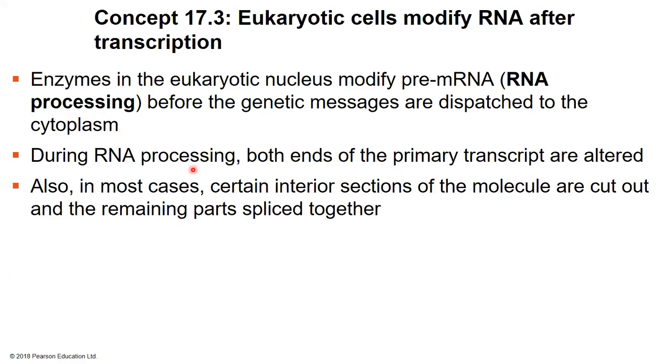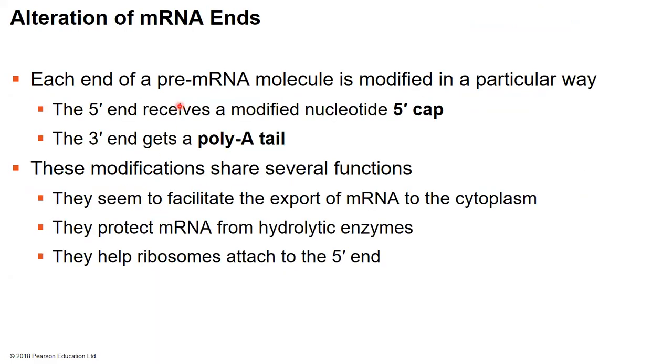During RNA processing, both ends of the primary transcript are modified. The 5' end will receive a 5' cap. The 3' end will get what we call a poly A tail.